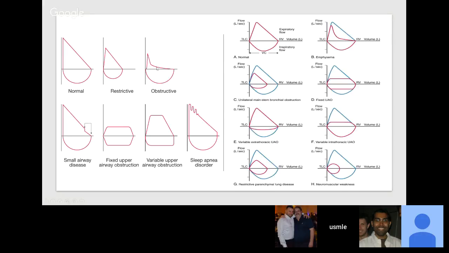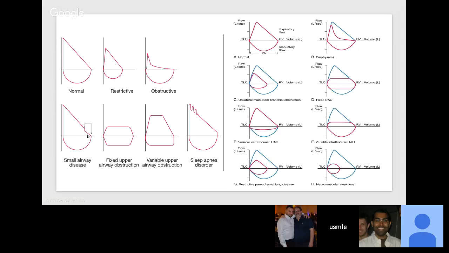That's how you need to look at it. So that is obstructive. The expiratory flow is going to decrease, but the inspiratory flow is going to be normal. As for restrictive, everything is going to shrink. There's not much air coming in or coming out. If you have small airways disease, meaning that you have one bronchus that is going to be an issue, this is the area where the bronchus would be a problem.